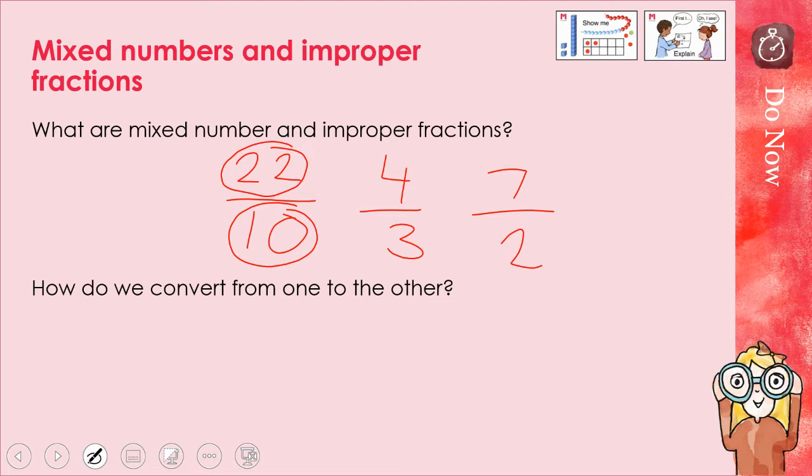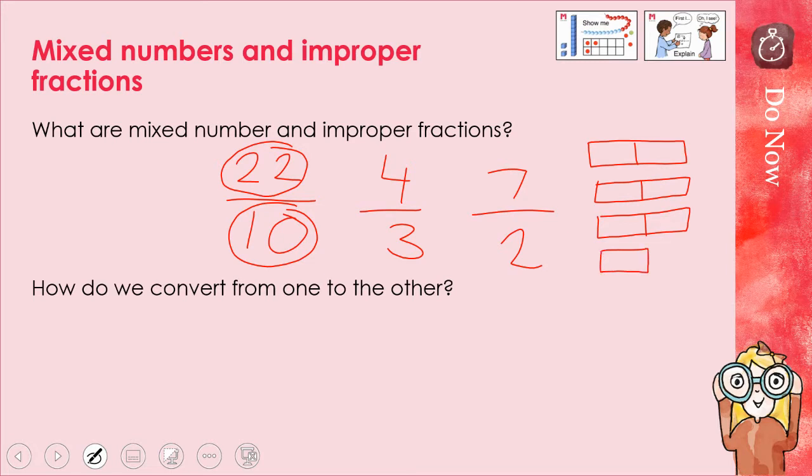If I had 7 halves, say I've got a whole one there, it's split into 2 halves, another whole one there, that's 4 halves in total. So 2 whole ones is equal to 4 halves, 3 whole ones is equal to 6 halves, and then I've got another half there.